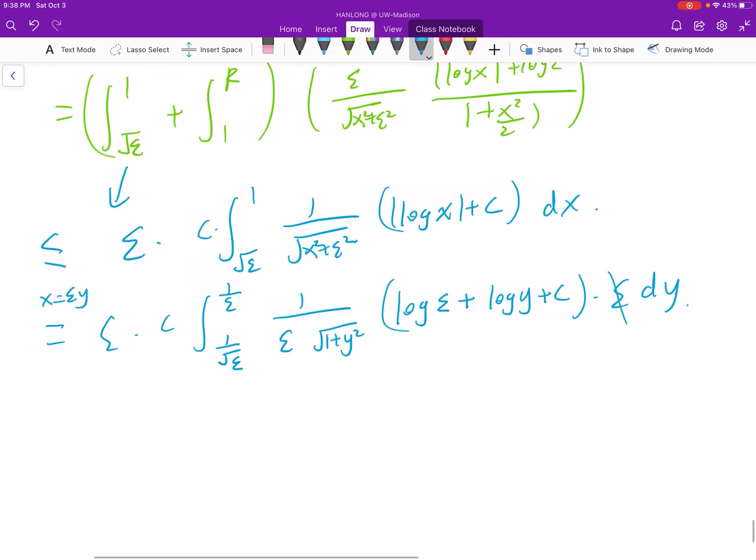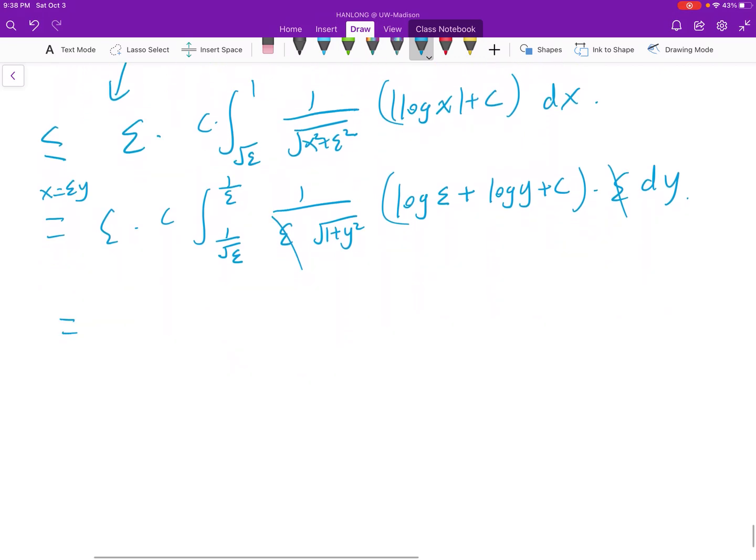Okay, then you cancel out epsilon with epsilon, and then the whole thing will be bounded by O epsilon times log epsilon.